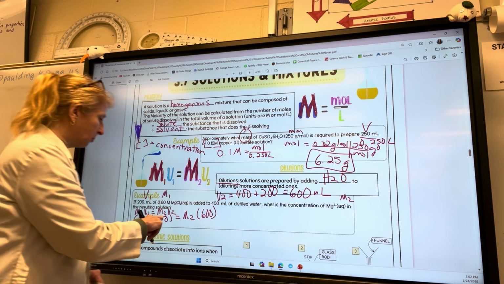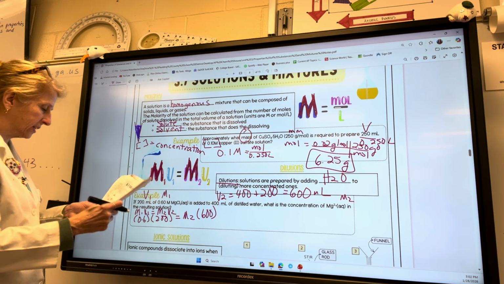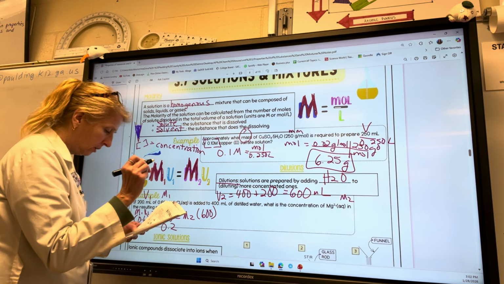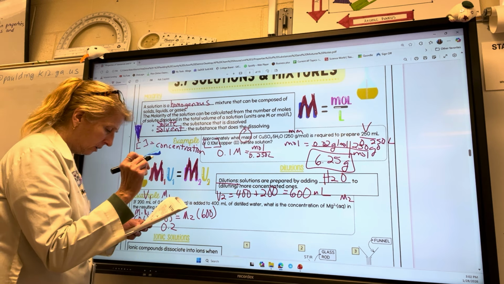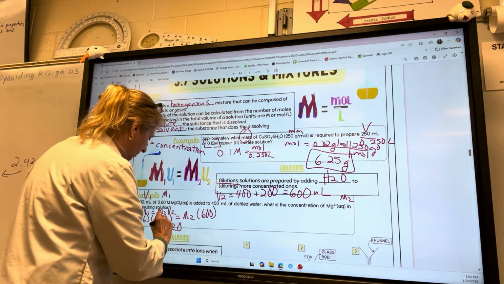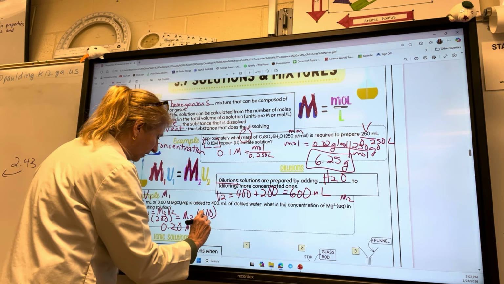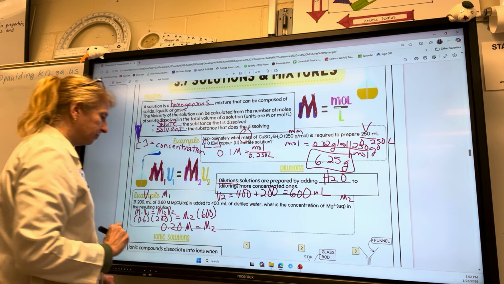So you just multiply these together, then divide by 600, and the answer is 0.20 big M would be your units, equals M2. Okay, but that is the concentration of magnesium chloride. But they didn't ask for magnesium chloride, they just asked for magnesium.